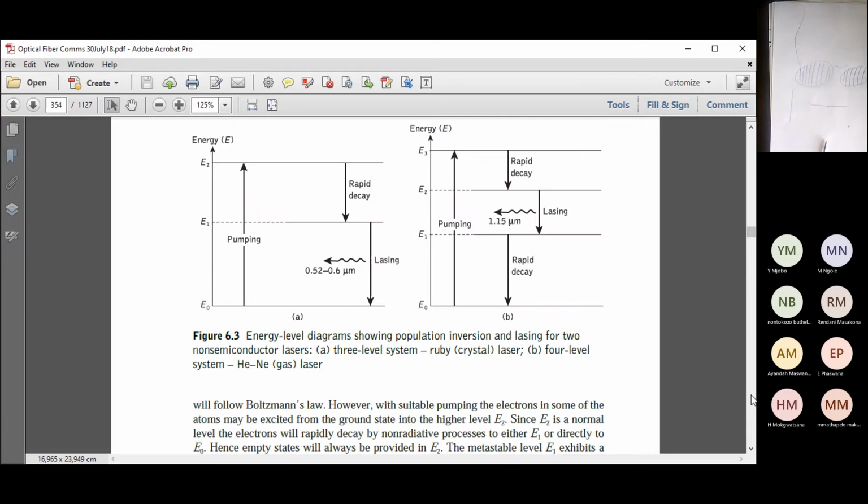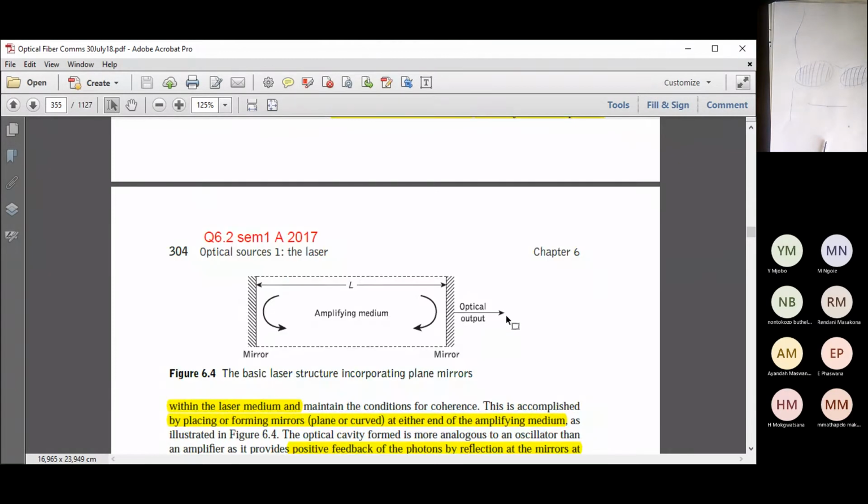Okay, I'm skipping stuff here. I'm coming to this important picture. You must know it, and I will ask it, and you will not know how to draw it. And you will not know how this works. This is a laser Fabry-Perot chamber. You see this block here? This block in real life is about 2 millimeter by 1 millimeter.